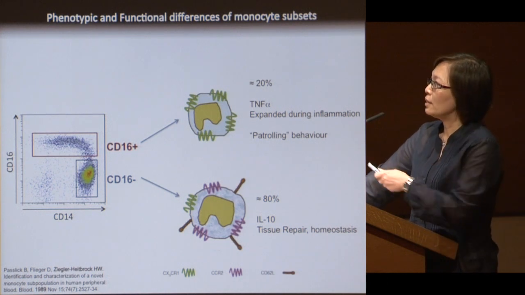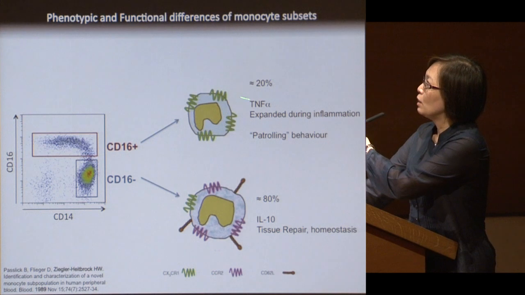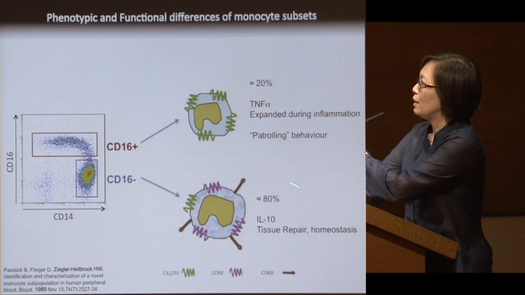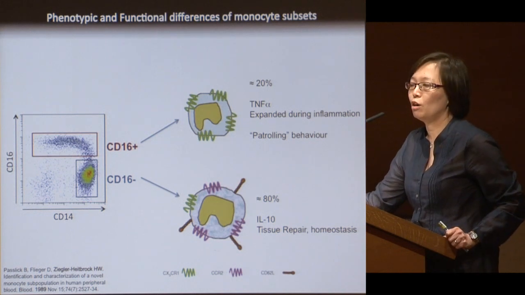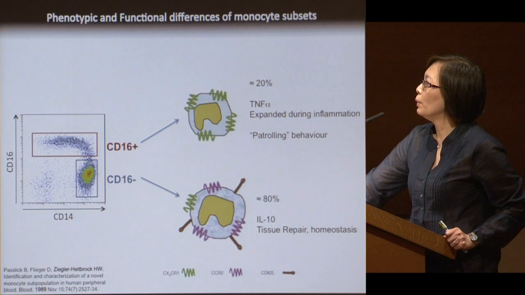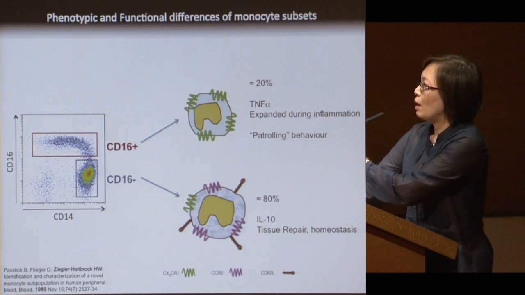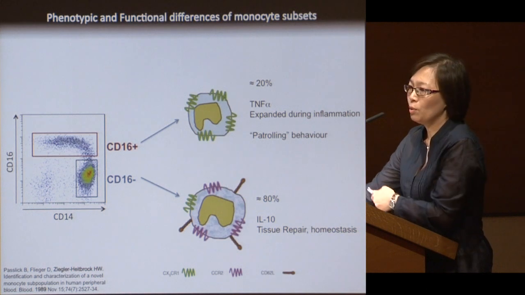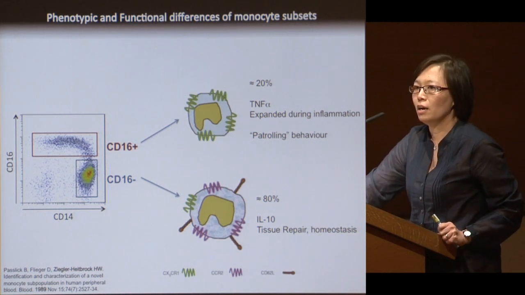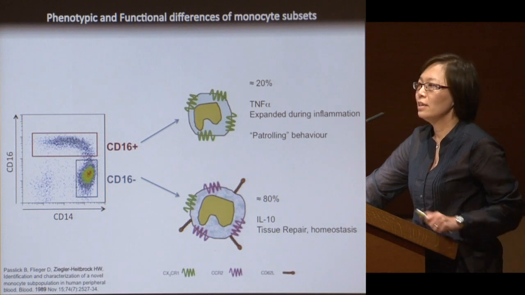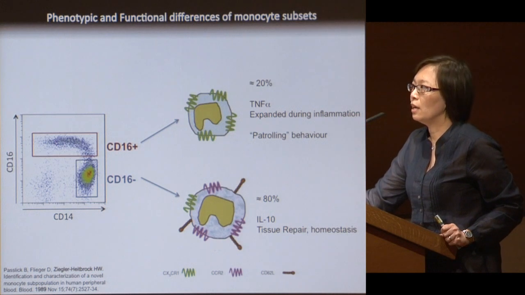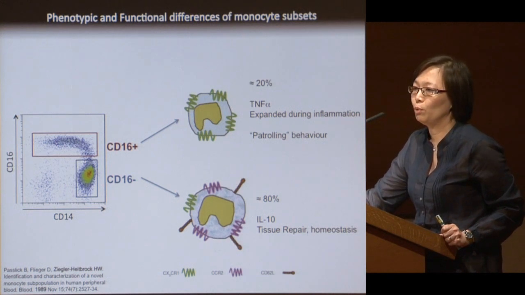And in humans, we know that the CD16 positive population makes up a minor population of the total monocytes, about 20%, while the CD16 negative monocytes make up the majority, the bulk of 80% of total monocytes. In response to LPS, it has been described that the CD16 negative population tends to make more IL-10 and seems to play a more important role in tissue repair and homeostasis, while the CD16 positive subpopulation in response to LPS seems to make higher levels of TNF-alpha and has been labeled for a long time as the pro-inflammatory monocytes.